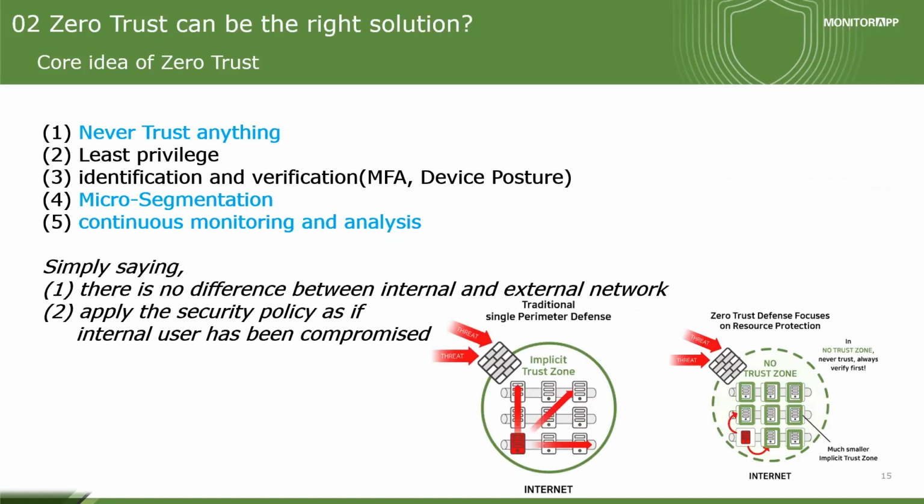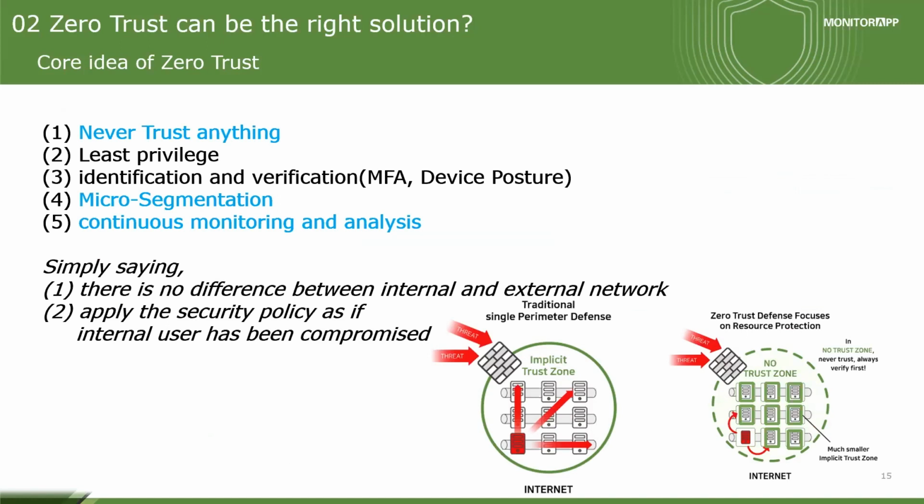Then what's the core idea of zero trust? I think we can divide it into 5 ideas. First, as I mentioned, the motto of Zero Trust is never trust anything. Numbers 2 and 3 will be a bit familiar because they are already mentioned in previous compliance standards like ISO or PCI DSS.